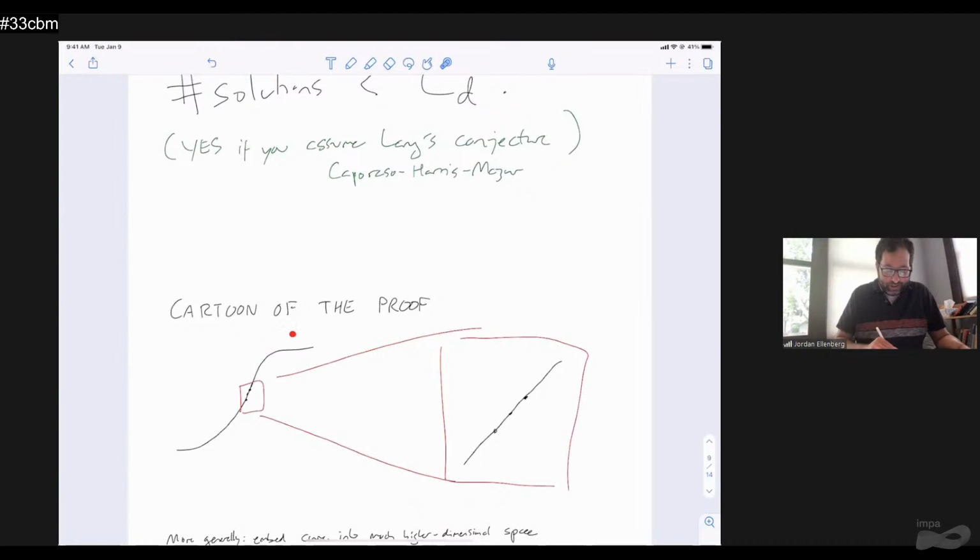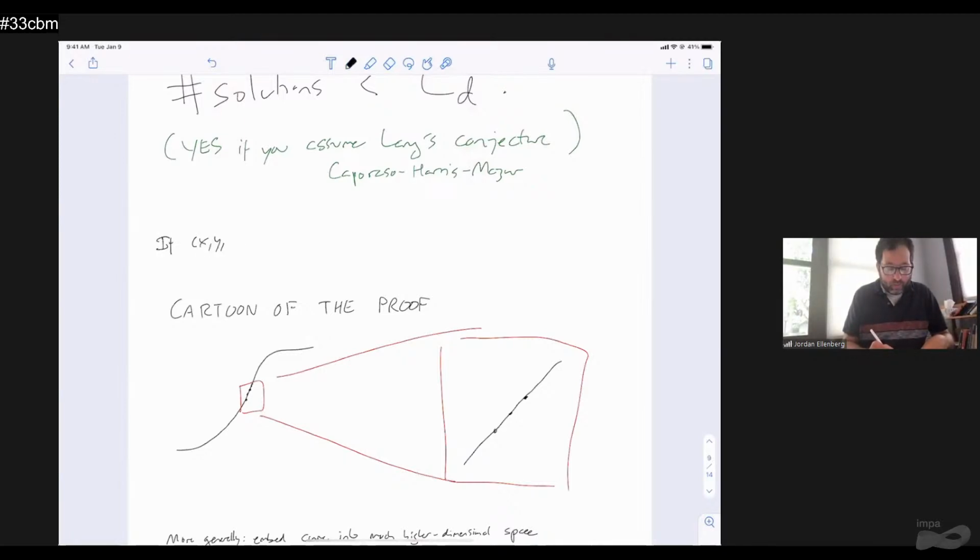Here's our solution set to f of x, y, 1 equals 0. And let's suppose that there's lots of solutions. Okay, so here, again, this is the part where it becomes inconvenient that I'm switching from homogeneous to affine coordinates, but let's just bite the bullet and say what I'm doing here.